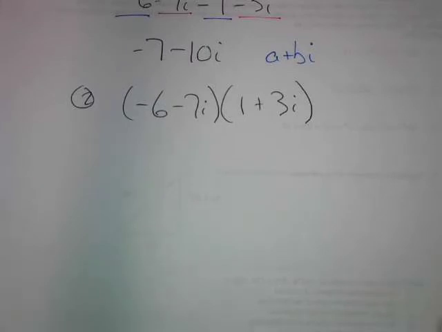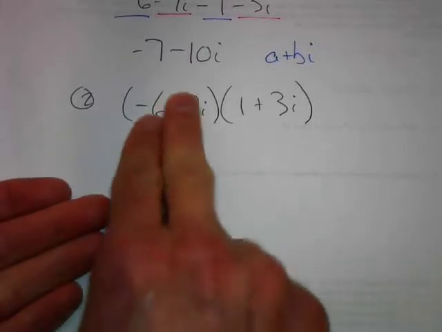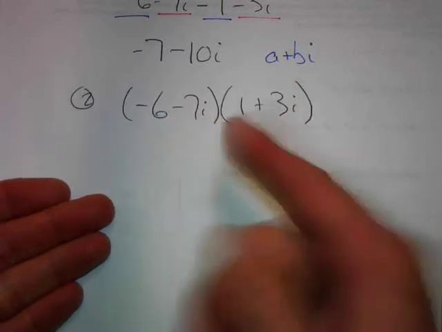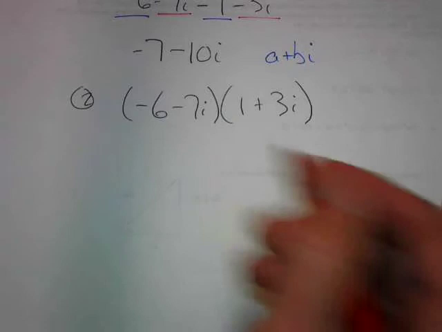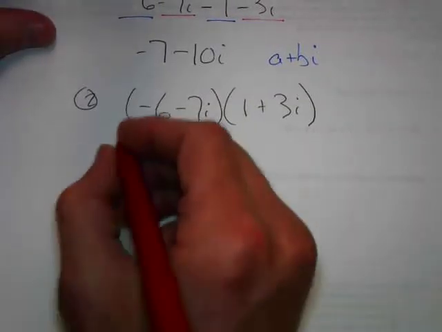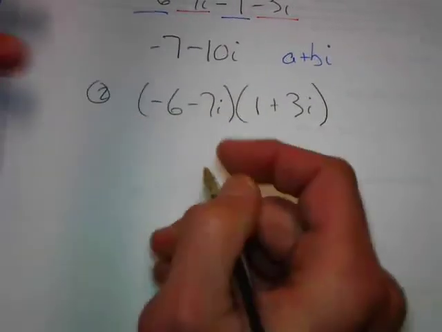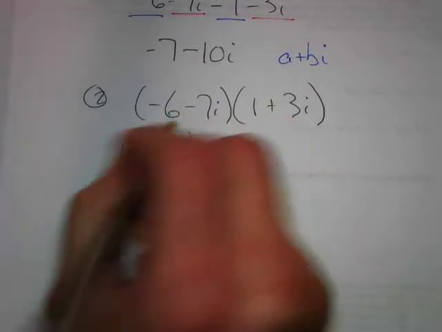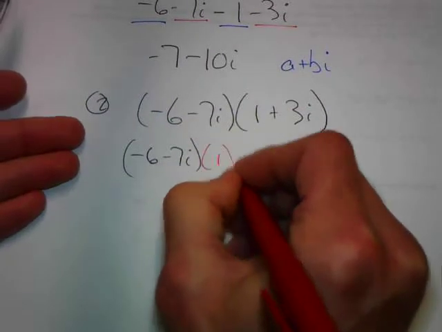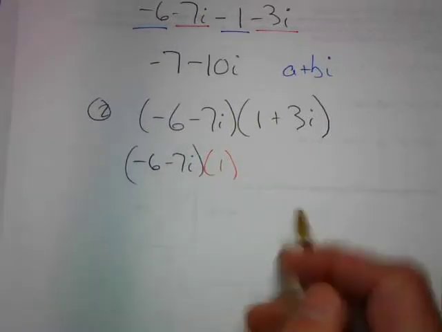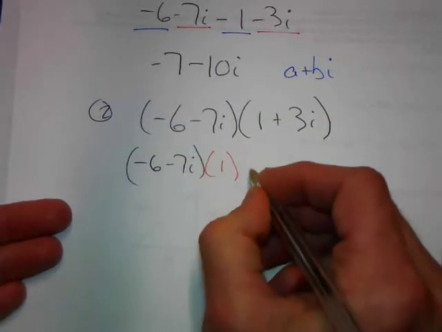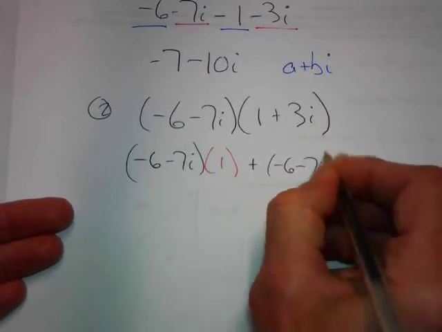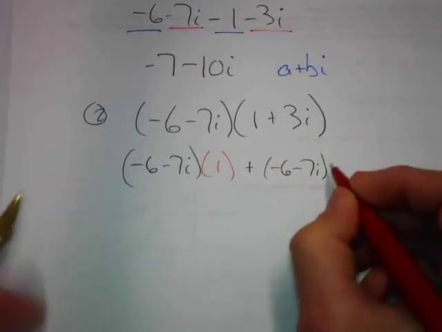I take the first number and multiply it through the second number. So I have -6 minus 7i times the first number, and then added, -6 minus 7i times the second number.